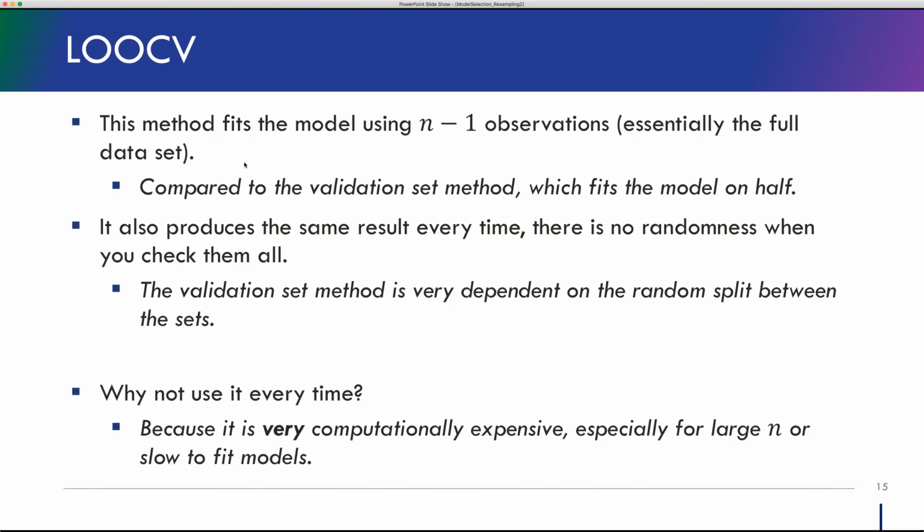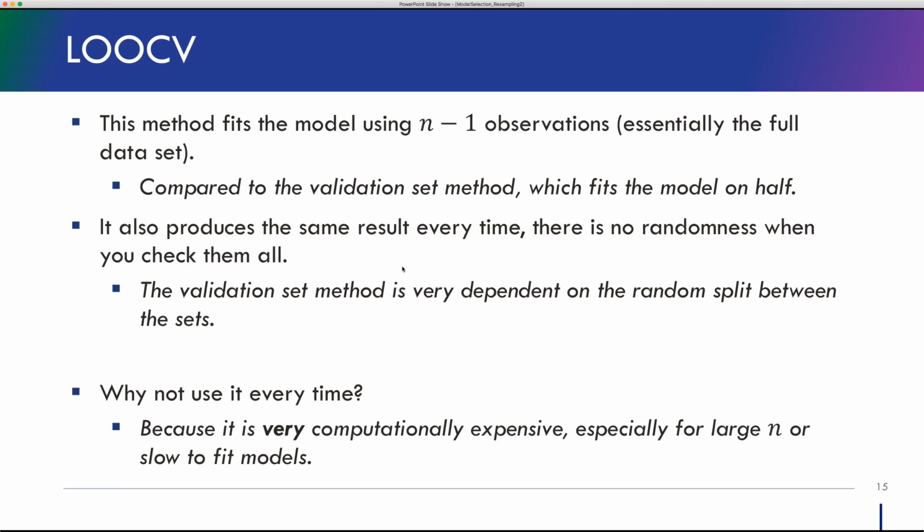With this leave one out cross-validation, it fits the model with n-1 observations, which is almost the full data set, right? Compared to the validation data set approach, which usually fits the model on half, like if you have a 50-50 split. This leave one out also produces the same result every time.